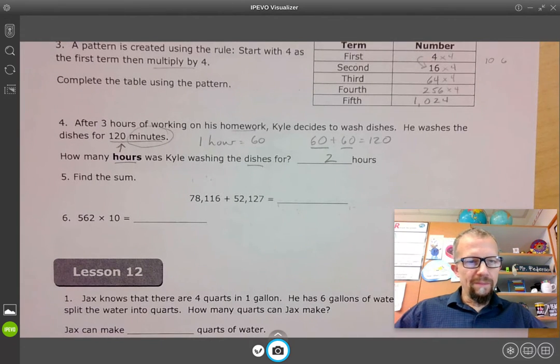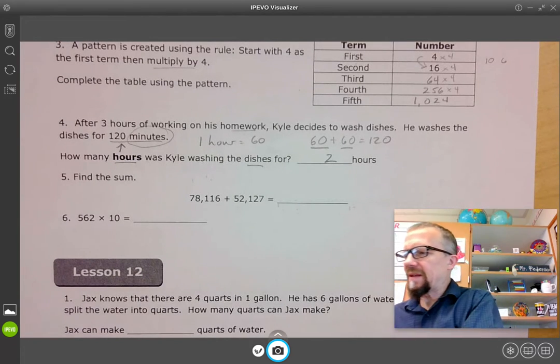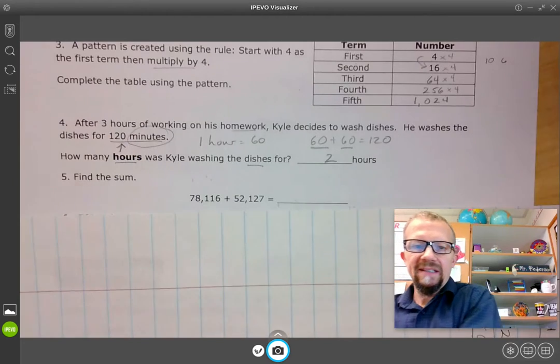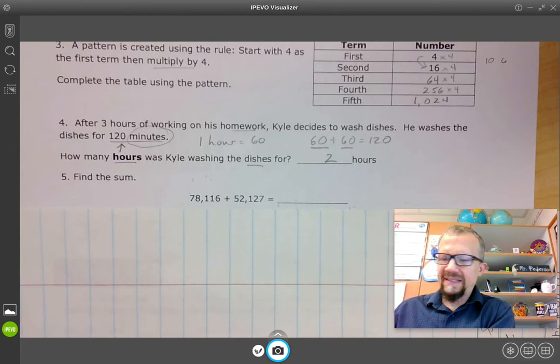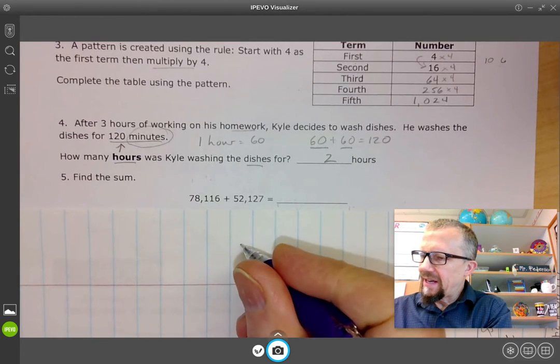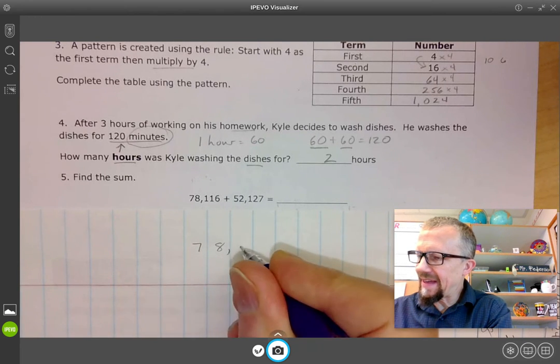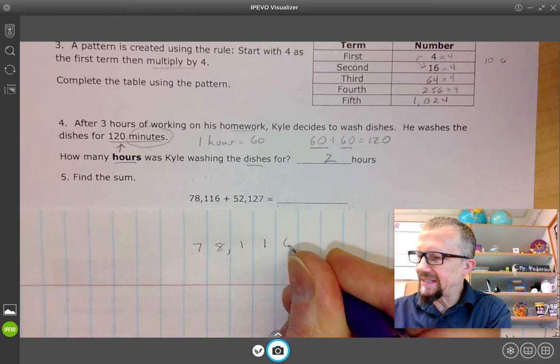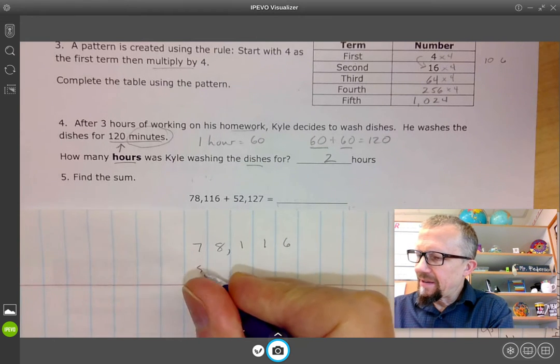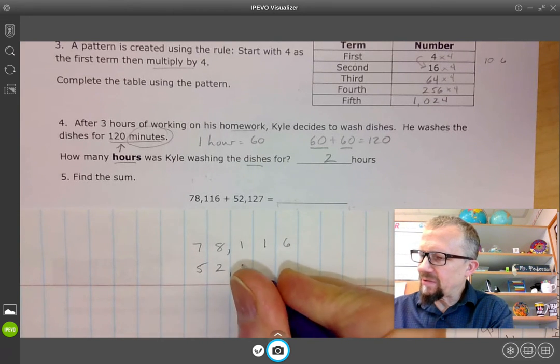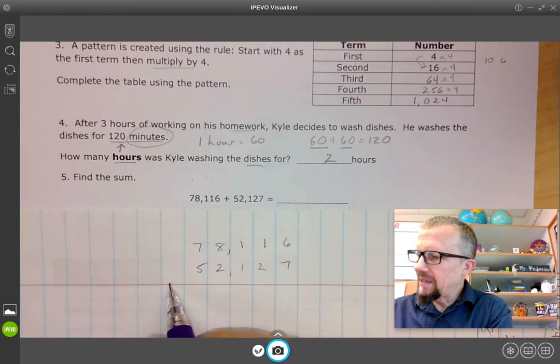Okay, number 5, the sum. Let's do that thing. Take your notebook, write it sideways. I'm going to write out this whole number, 78,116 plus 52,127.